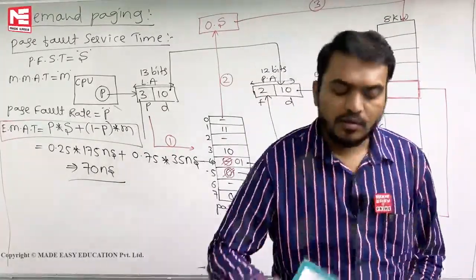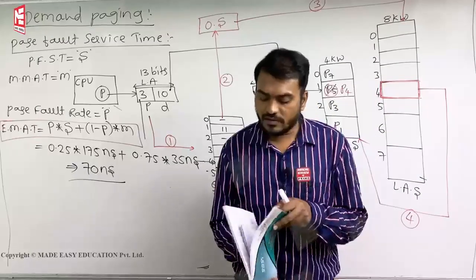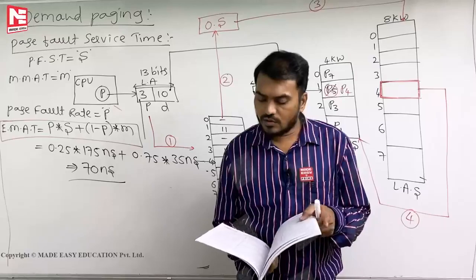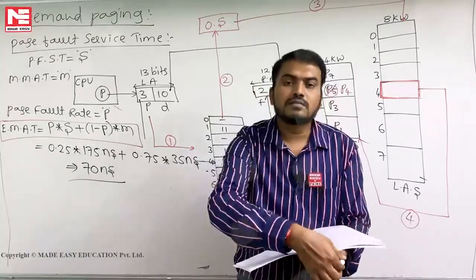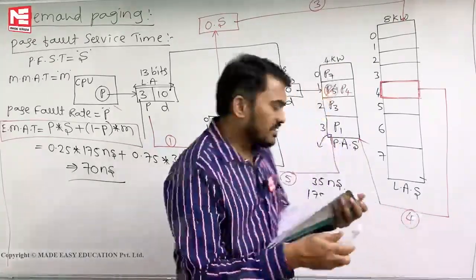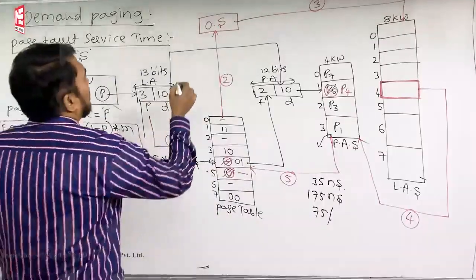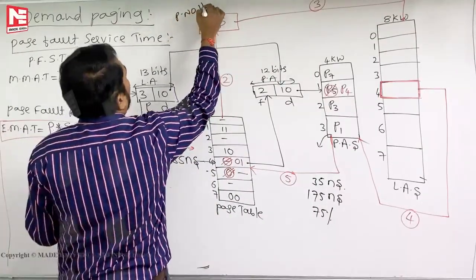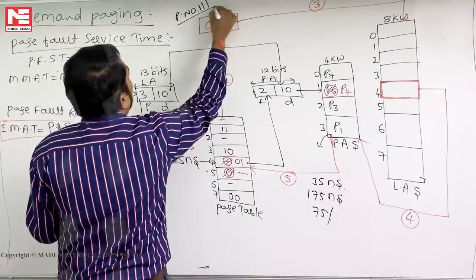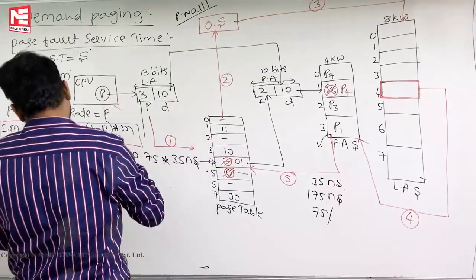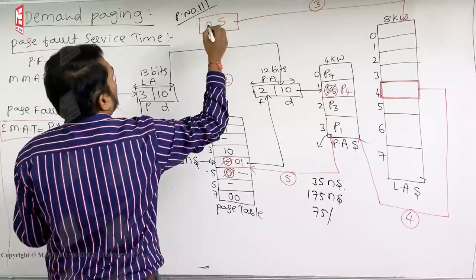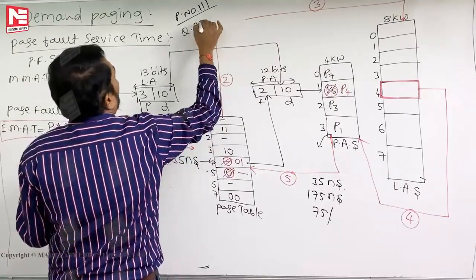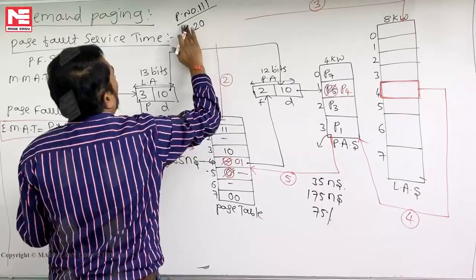Next, let's move on to the workbook. Let's solve some other questions from the workbook. Go to your workbook, page number 111. I'm writing the page number here. Question number 20.